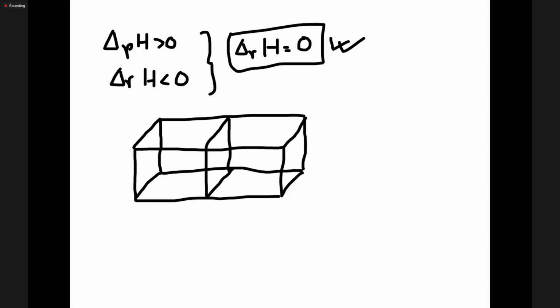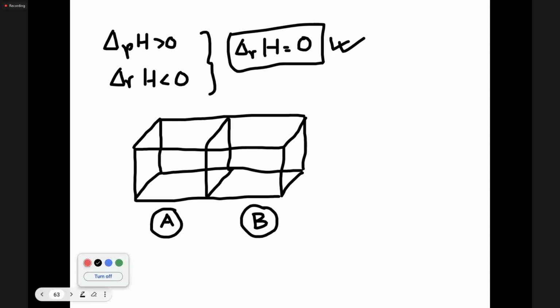In the left chamber and the right chamber, we will term this chamber A, and we will term this chamber B. On the left hand side, let's say there is a gas represented by orange dots, which are the orange gas molecules.